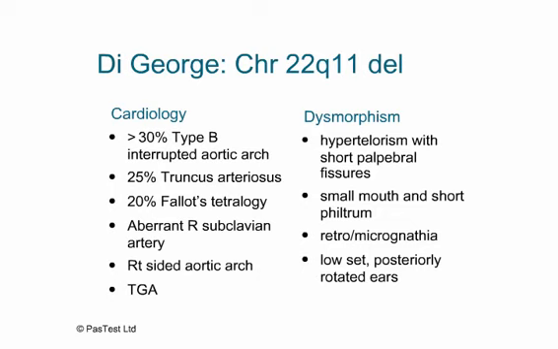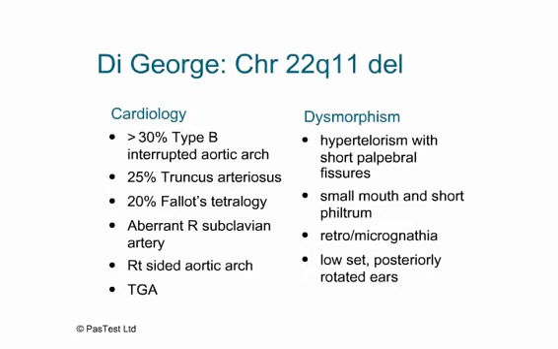So DiGeorge is associated with a deletion on chromosome 22 at the Q11 locus. But it is worth bearing in mind you don't have to have that deletion to have a clinical diagnosis of DiGeorge syndrome. They have multiple cardiological problems as listed down here, and the vast majority of these children do have abnormalities of their heart.